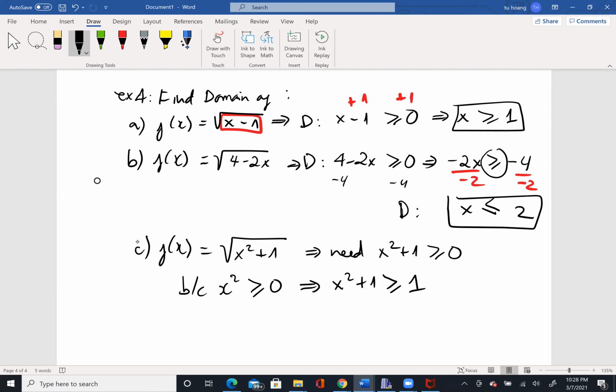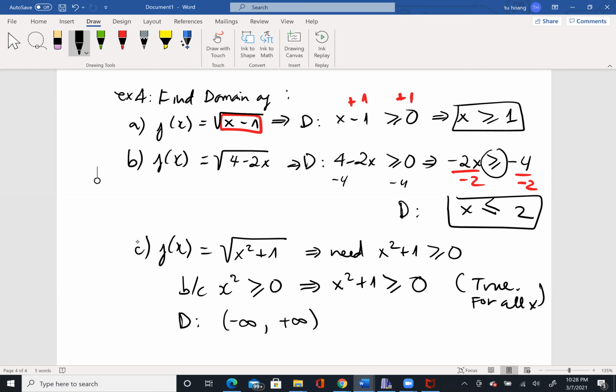And that means I can just say x squared plus 1 greater than or equal to 0 is always true. So true for all x values. So that means the domain in here is all real numbers. Or I can just say from negative infinity to positive infinity.